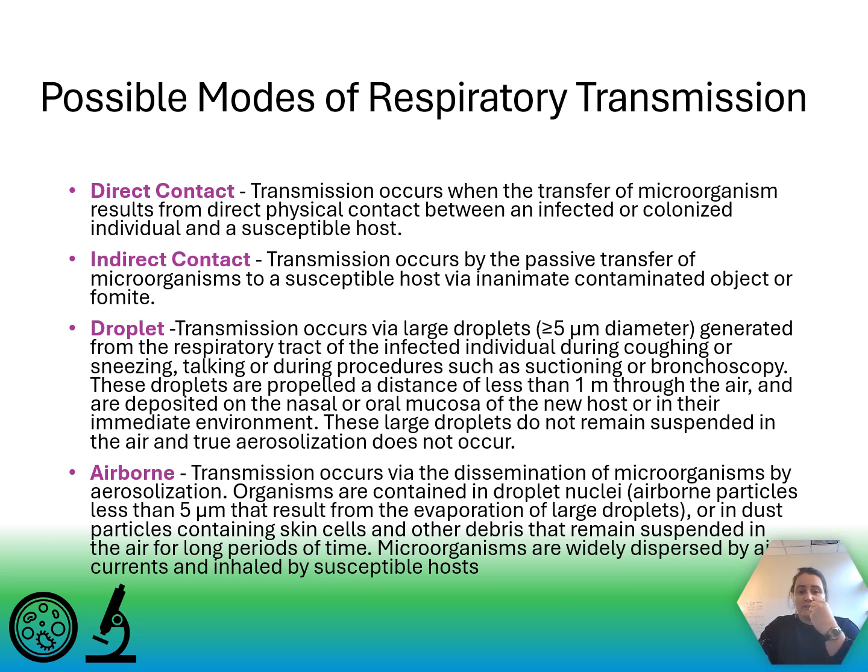You have a lot of mucus, you have a lot of other things going on, and the organisms can be in those droplets. And those droplets can be transmitted to somebody. So the droplet mode of transmission is actually the mode of transmission for the coronavirus. And that's why when we were having the COVID pandemic, everybody needed masks, because masks were not necessarily because of particulate matter, it was because of droplet transfer. And so that's pretty important to us in our lifetime.